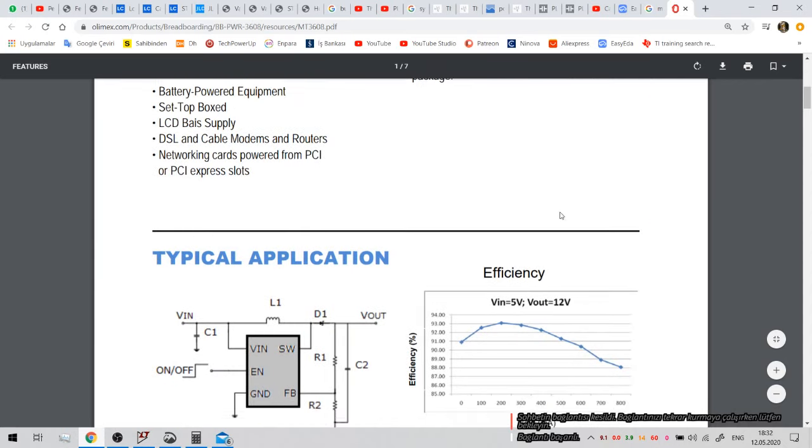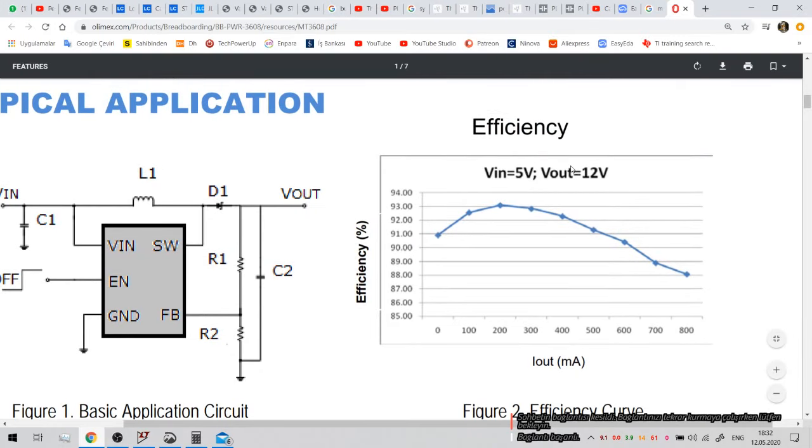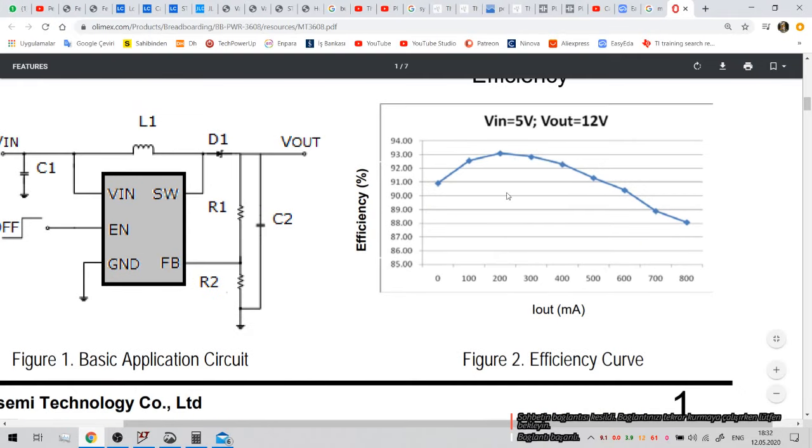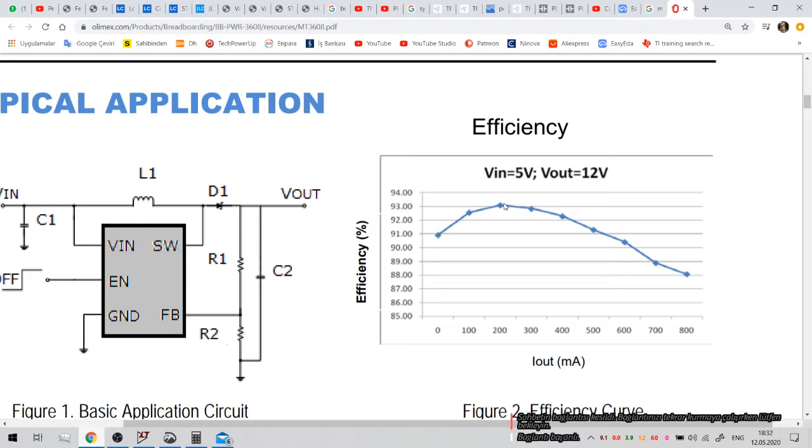You can see for the application, 5-volt Vin to 12-volt Vout with 200 milliamp, we will use it at such current, and it will give us 93% efficiency. I have tested it, and it is nearly correct. Maybe not 93, but 90% plus.